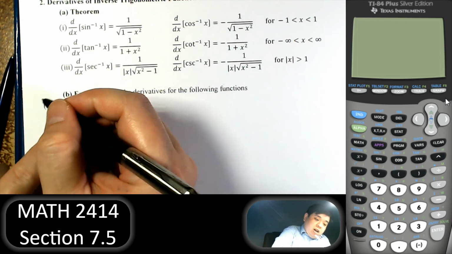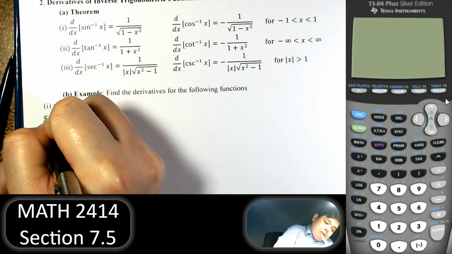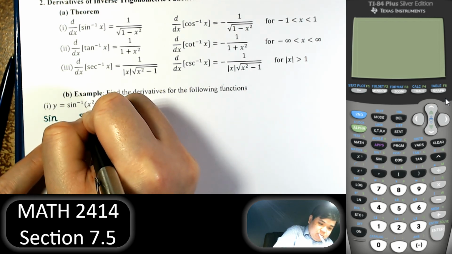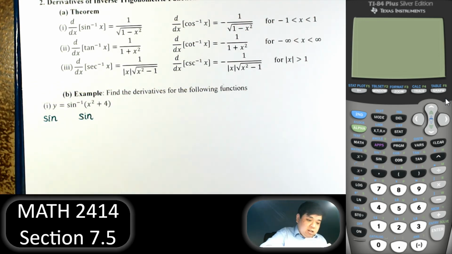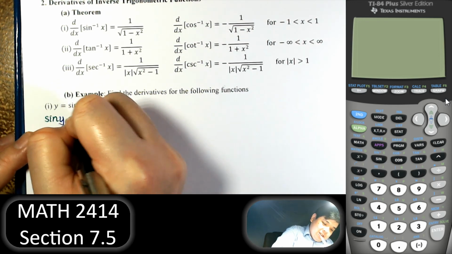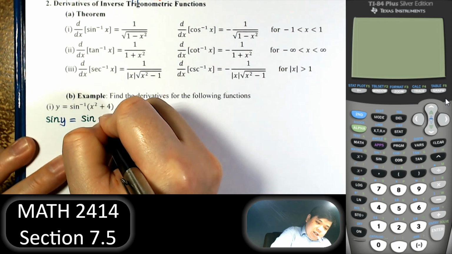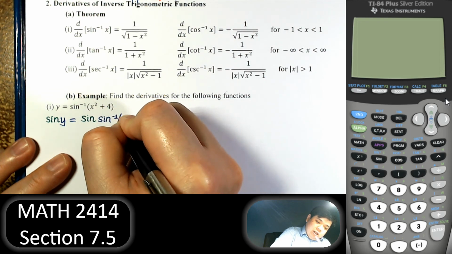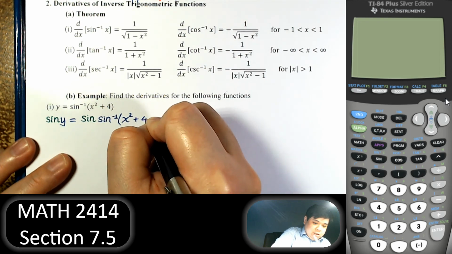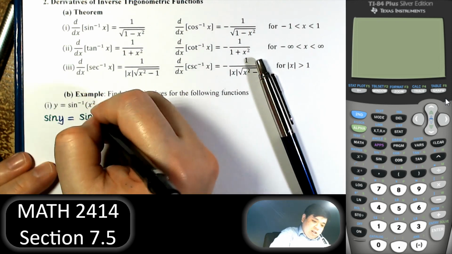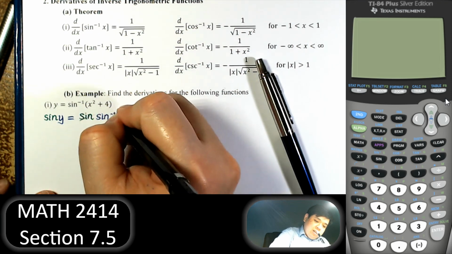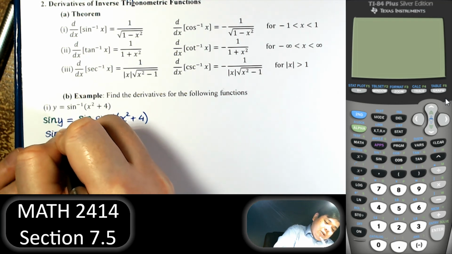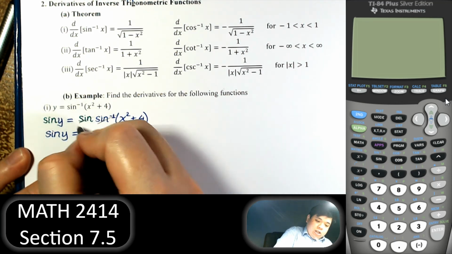I'm going to take the sine on both sides. I'll try to write small because I'm not sure how long this problem is. Because the sine cancels the inverse, I have sine y equal to x squared over 4.